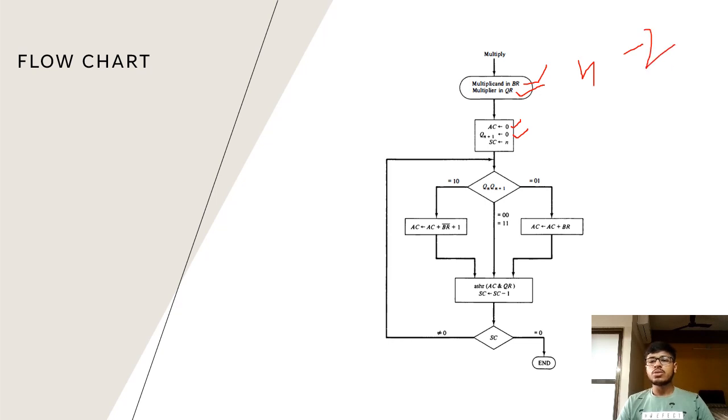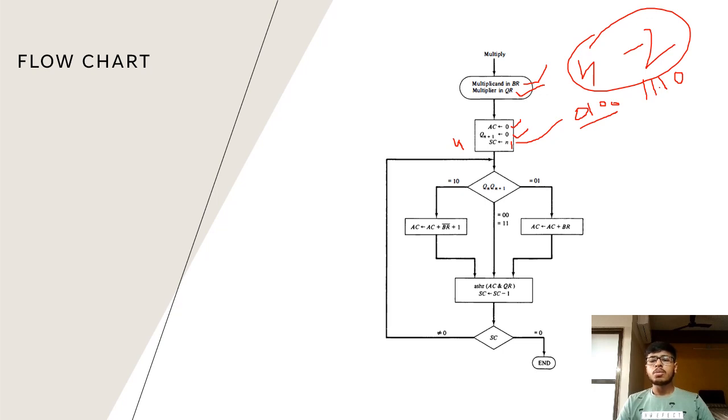As you all know, 4 in two's complement will be 0 1 0 0, and minus 2 in two's complement will be 1 1 1 0. So we require overall 4 bits, so the sequence counter will be 4 for this particular example.